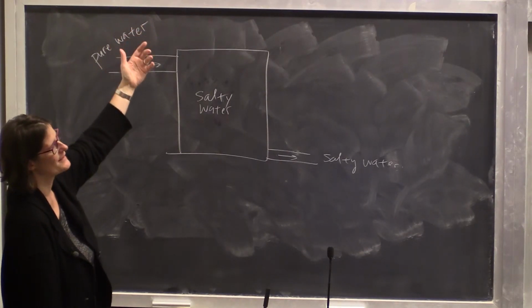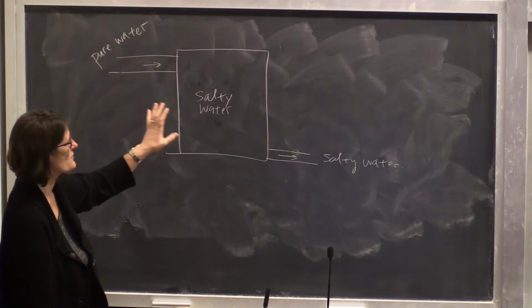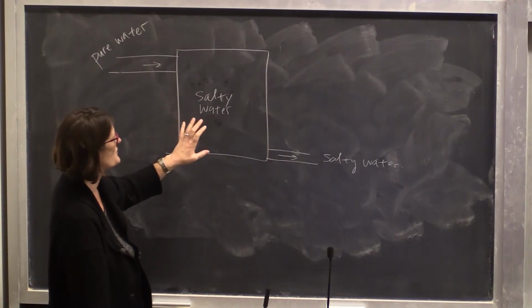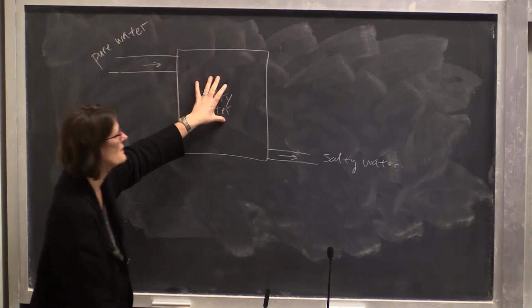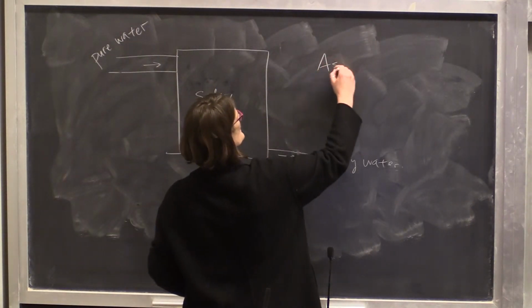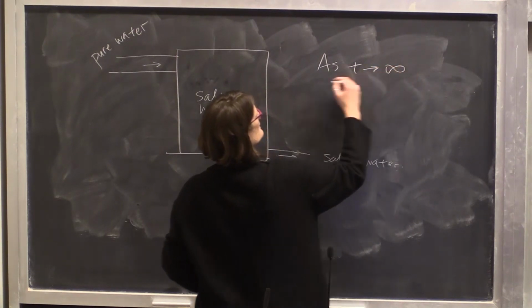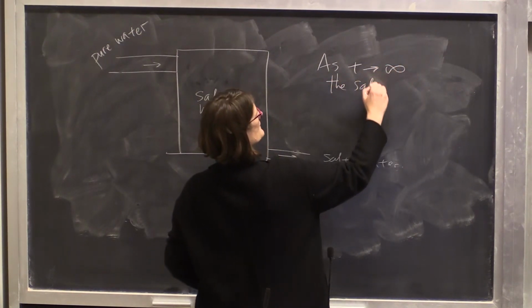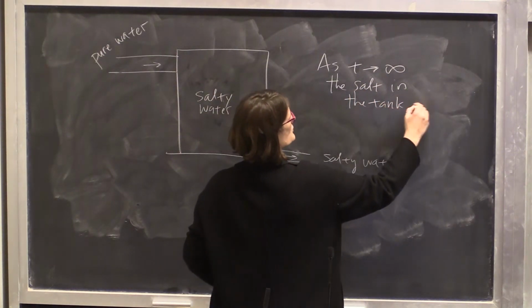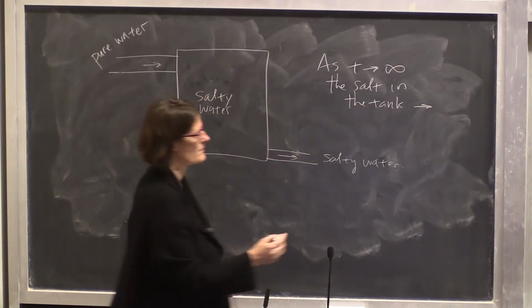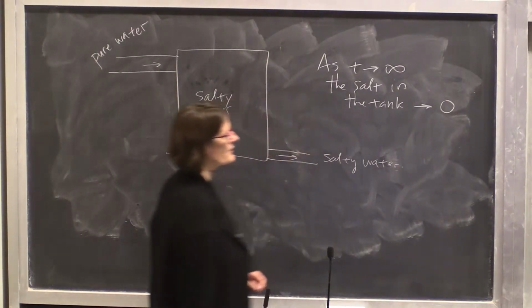So in reality, okay, it's calculus, don't think about finite numbers of salt particles. As time passes, this water will become less and less salty. And so you expect, as time goes to infinity, the salt in the tank should go to what? 0. Okay. So you don't need calculus to tell you that.